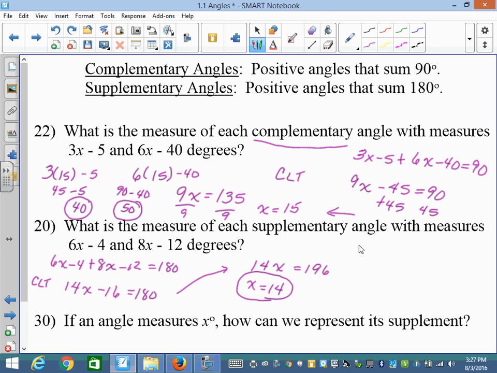So the first one, 6 times 14 minus 4 will give us 84 minus 4, which is 80 degrees. Ooh, let's not forget our degree symbols over here.